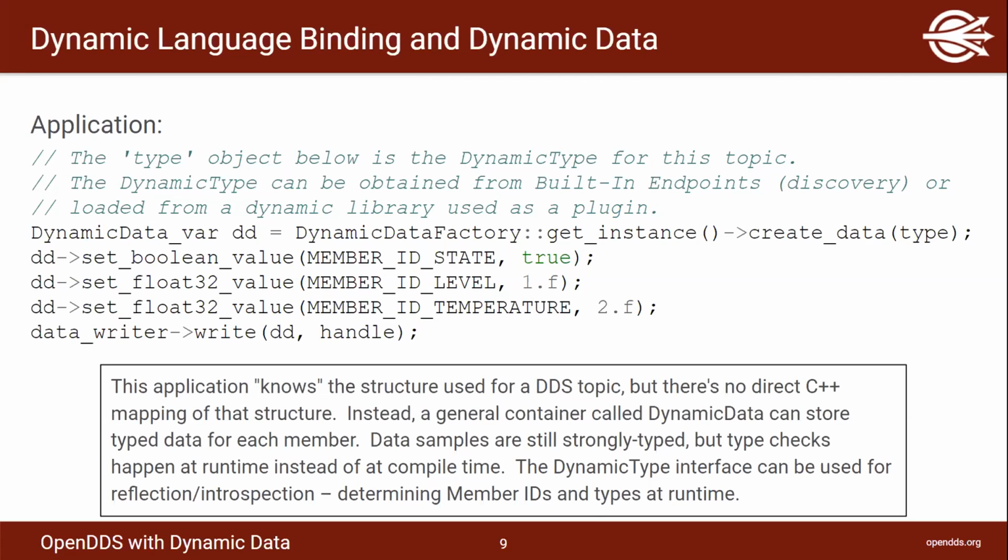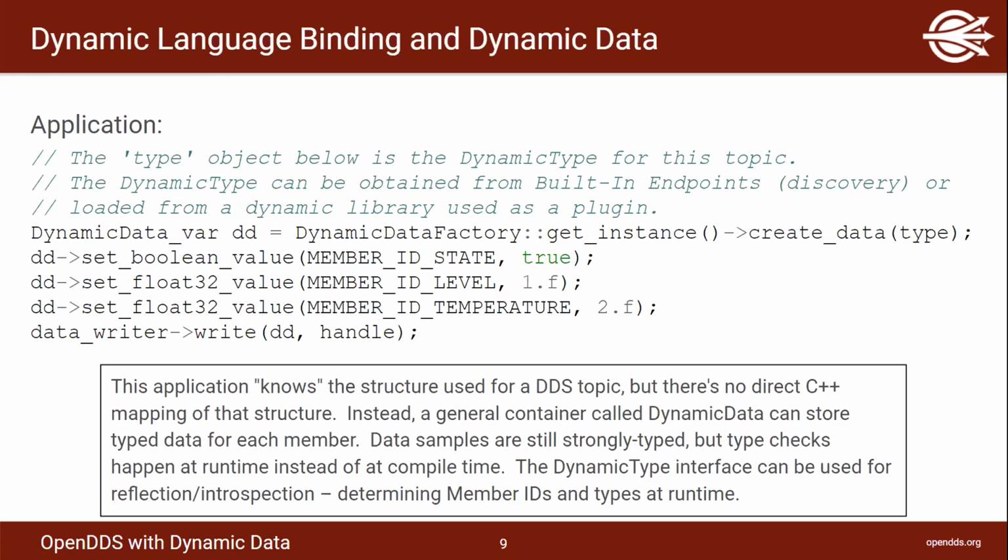You still get type checking in the sense that the compatibility of the reader and writer is checked. And there are certain things where, if a writer fails to include a required field or something like that, then that sample can be rejected.